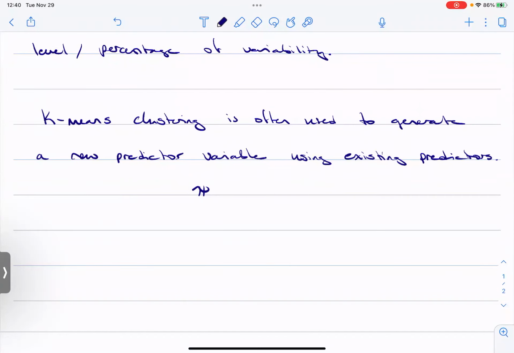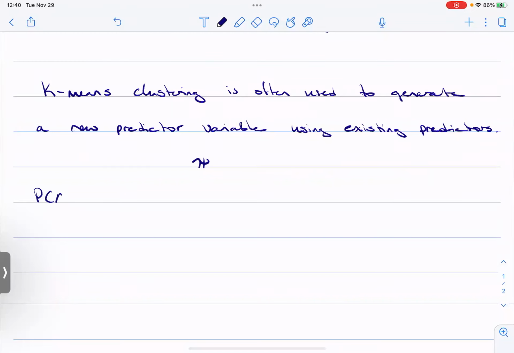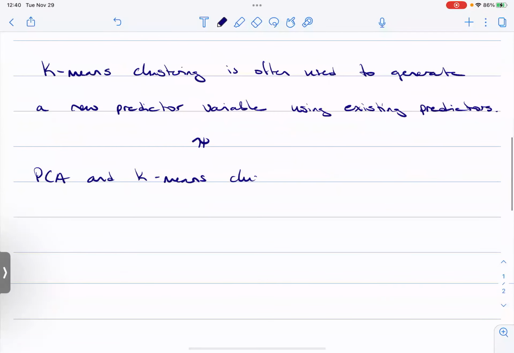So usually we just focus on numerical predictors for PCA and k-means clustering, which is mostly, and I'm going to underline that, used for numeric data.